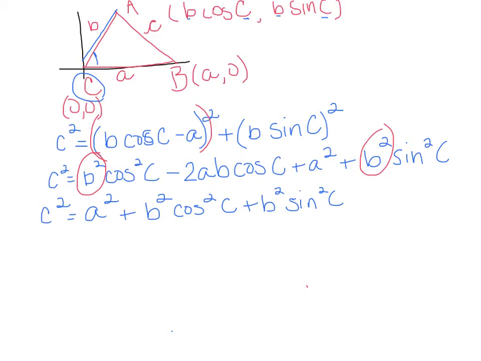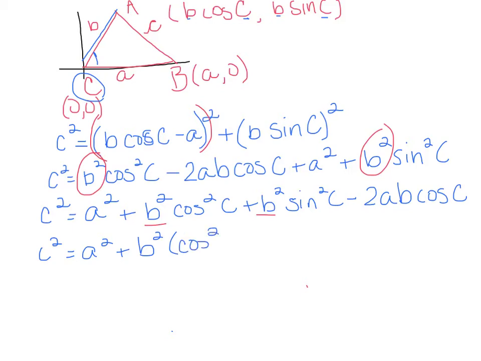Then I'll finally put the minus 2ab cosine of c. What I'll do next is factor this b squared out. That gives me c squared is equal to a squared plus b squared times cosine squared of c plus sine squared of c, minus 2ab times the cosine of c.